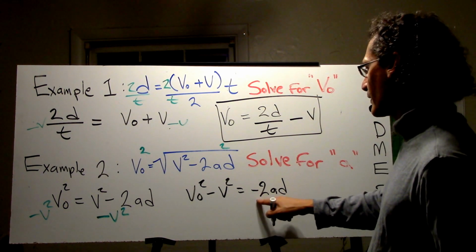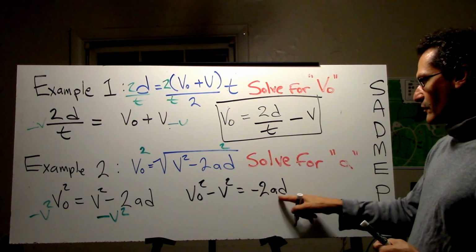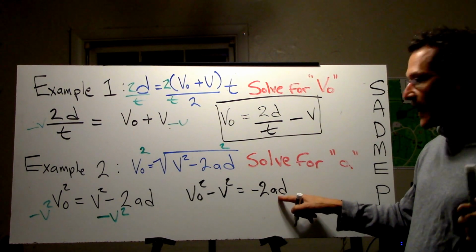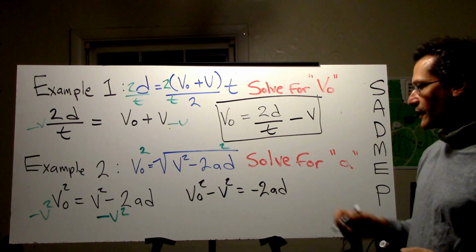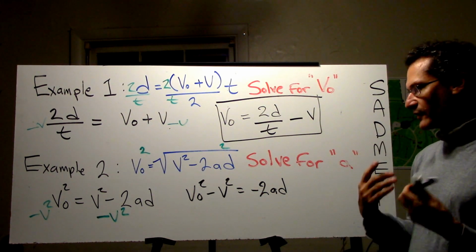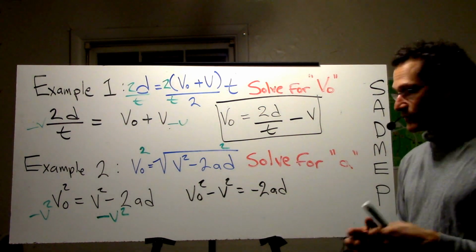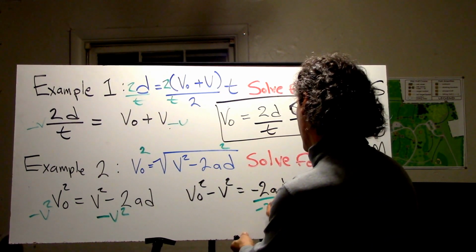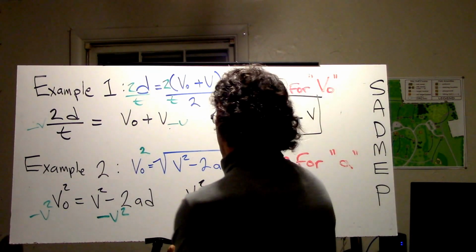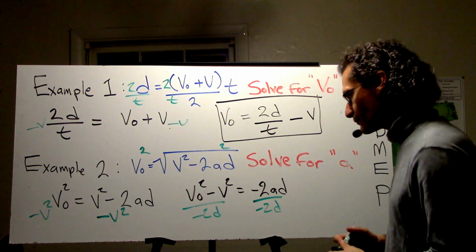All right, now what we've got to do is isolate a from this expression over here. So we've got a negative 2 and a d. So we're going to divide because they are attached by the operation of multiplication. So we're going to divide by negative 2d on both sides, like so.